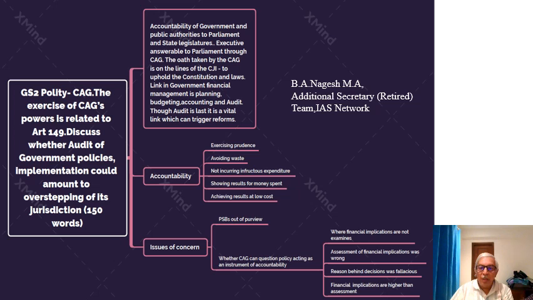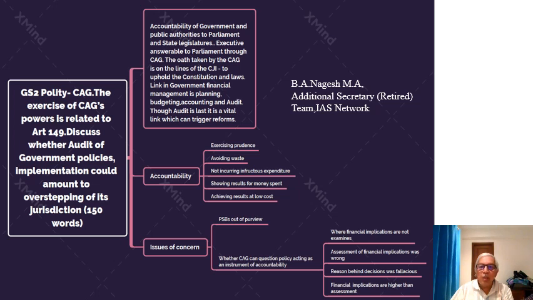Like I told you, financial implications are not examined. Straight away you're going ahead with the project, not knowing the outcomes, your decisions are fallacious, you're making wrong financial implications, and the financial implications are higher than the outlay. All this will be pointed out in audit, and the CAG plays a dominant role in fixing personal responsibility.